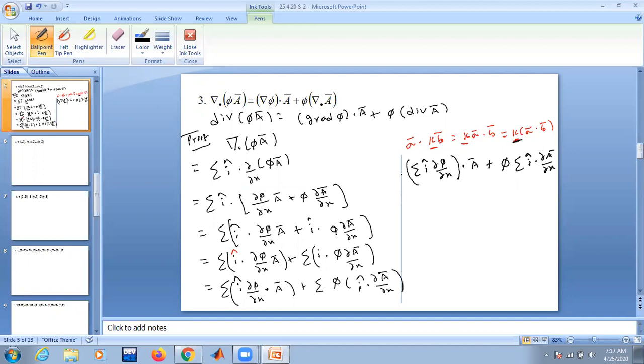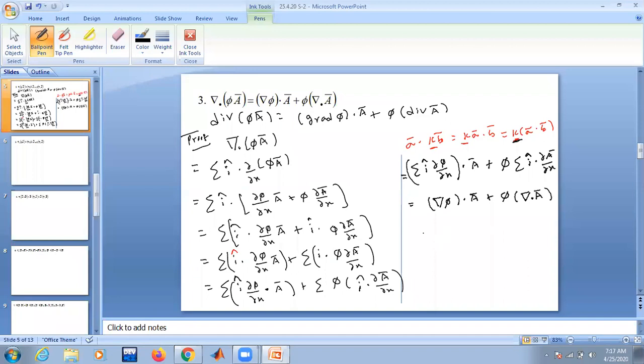Now can you identify the first term? What is sigma i dou phi by dou x? Grad phi, del phi dot A bar, plus phi into, what is sigma i bar dot dou A bar by dou x? Del dot A bar. Okay, that is what we want to show.